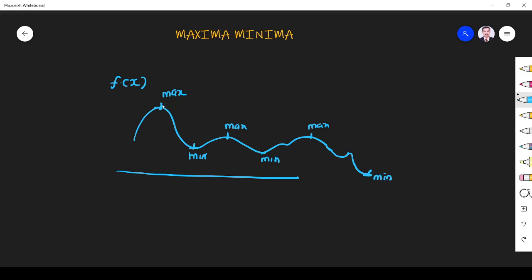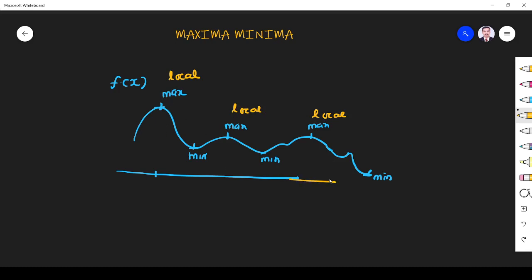This point is a maximum point of the function, and this is also a maximum. So this is called a local maximum, and this is also a local maximum. At this point it is maximum, and near that point it is maximum.